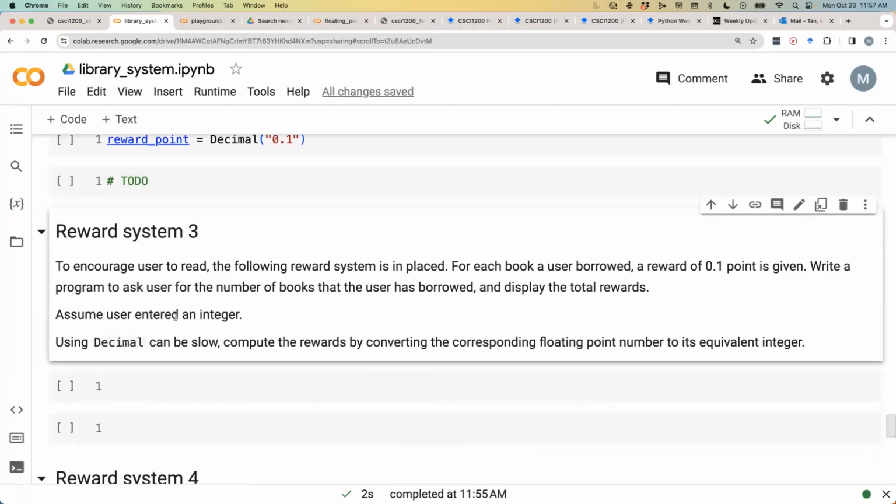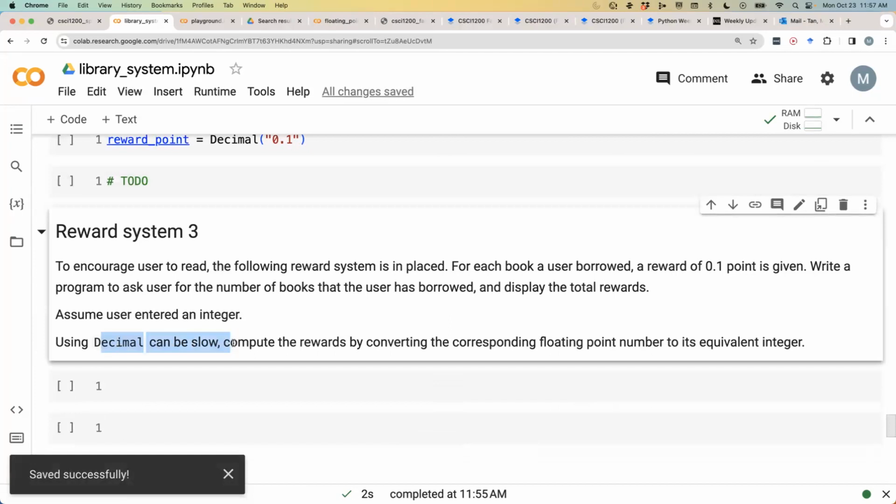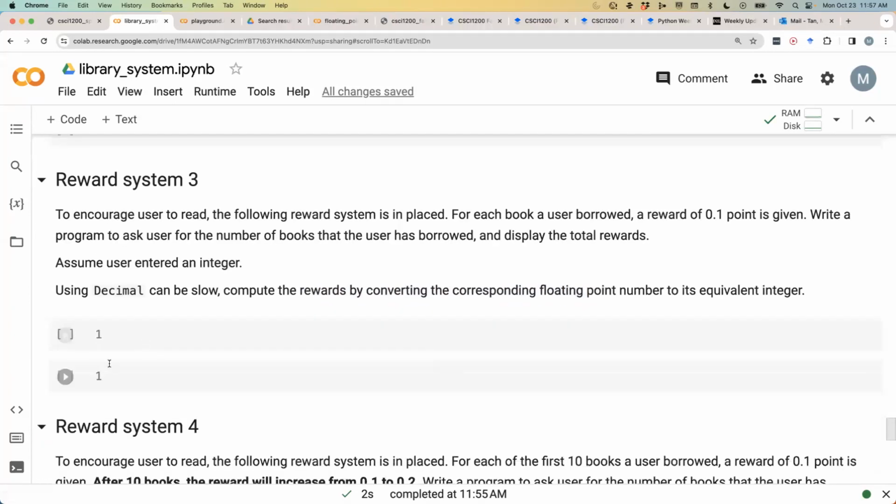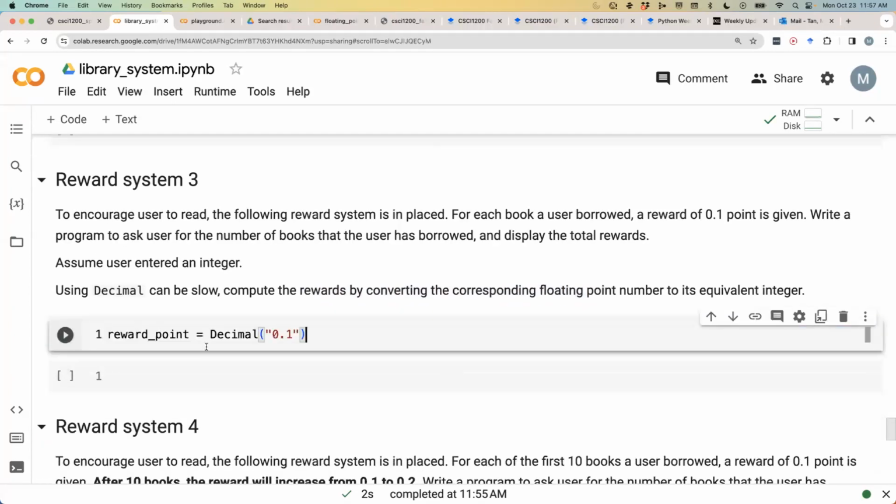Now the system three using decimal can be slow. Can you convert the rewards into its equivalent integer? So now the reward point is not decimal, it's not 0.1, but it's 10. So 10 is equivalent to 0.1 point.